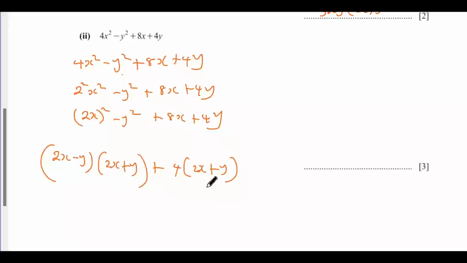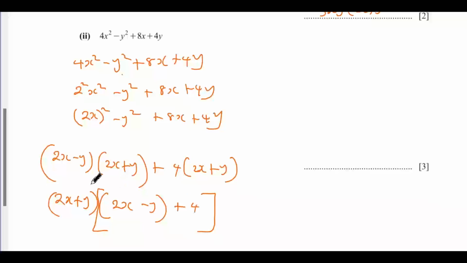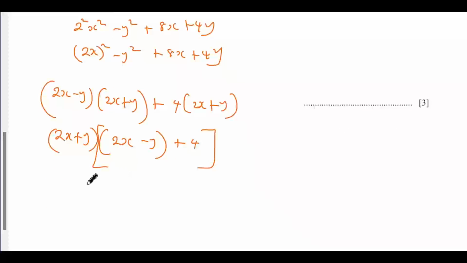So here we can factor out 2x plus y, and here we'll be left with 2x minus y. You can put a bracket here, then you have plus 4 like this. So I can just write this as 2x plus y into 2x minus y, then plus 4.